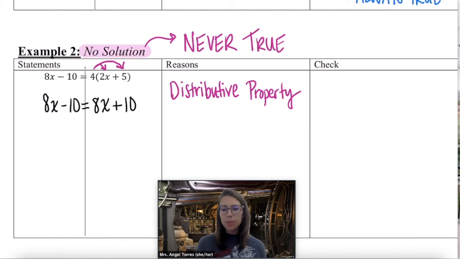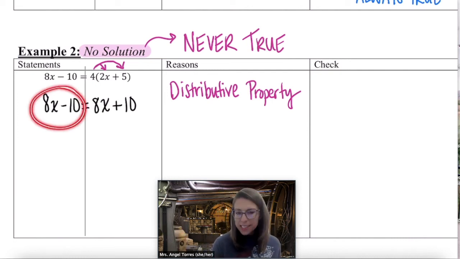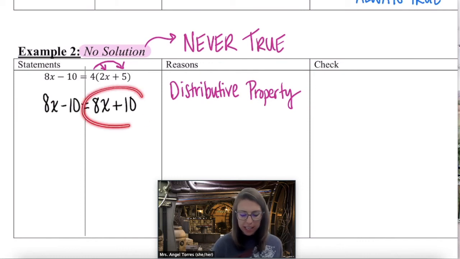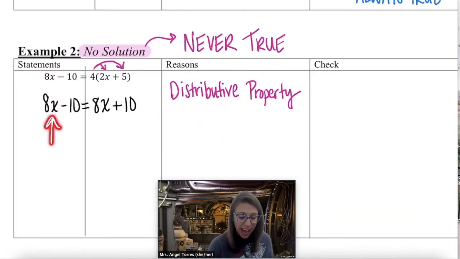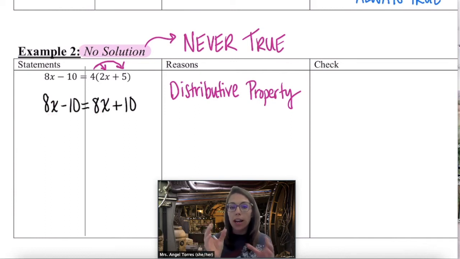Now after we simplify, do you see something kind of interesting here? We have an 8x minus 10 on the left, but an 8x plus 10 on the right. What do you notice? Well, I notice they have the exact same starting value. They both start with the product 8x, but unlike example 1, they have two different changes.